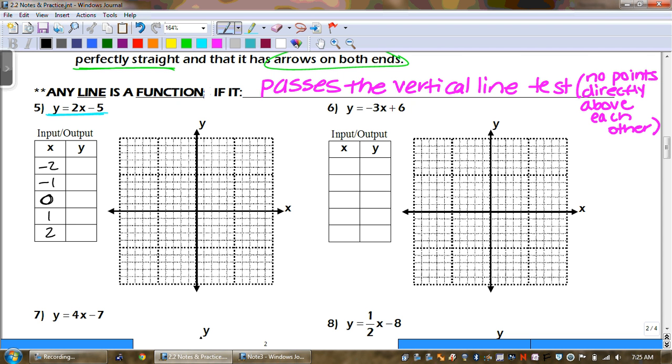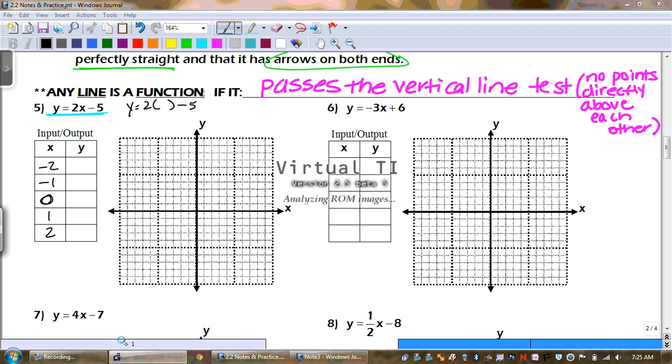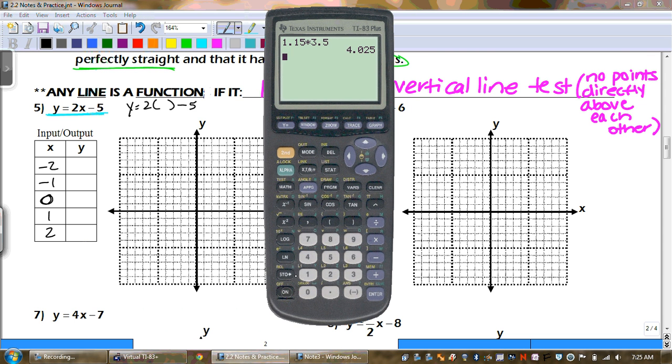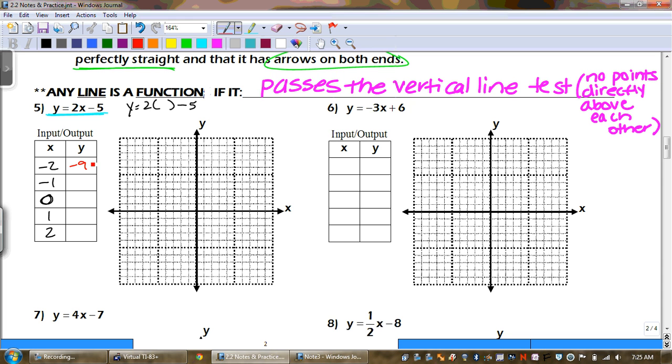Okay? Now, what we do is we use substitution. So y equals 2x minus 5, we plug in our value. Okay? And if you guys have a calculator, this is where you can do this work extremely fast. Okay? So I have 2 times -2 minus 5. And I can plug it straight into my calculator and get -9.